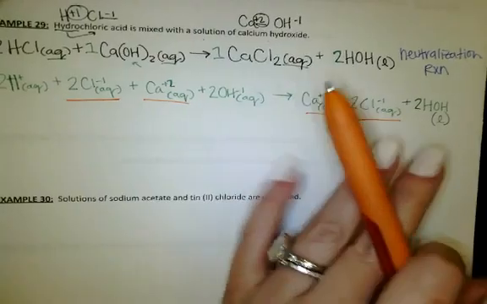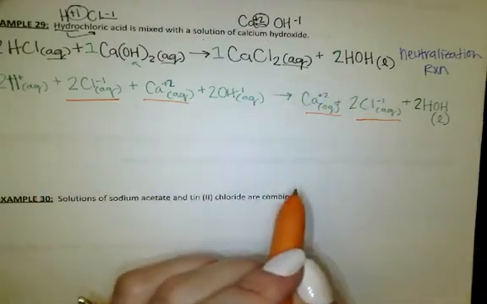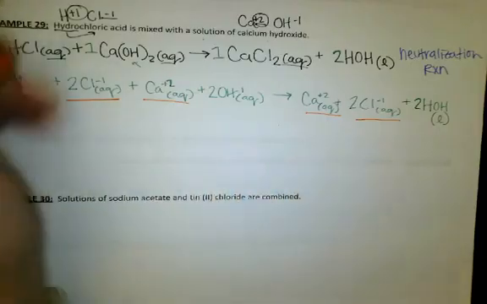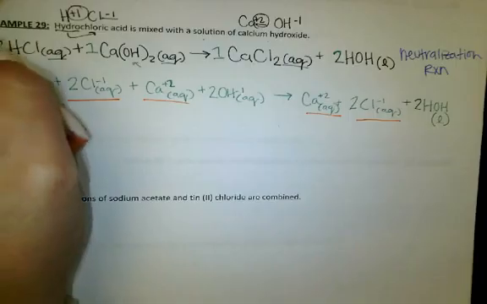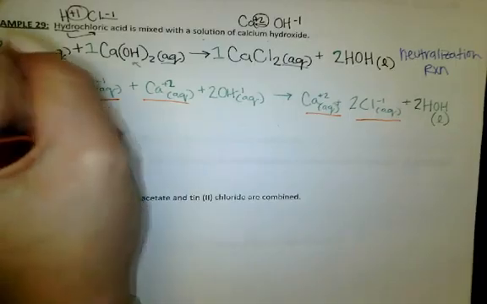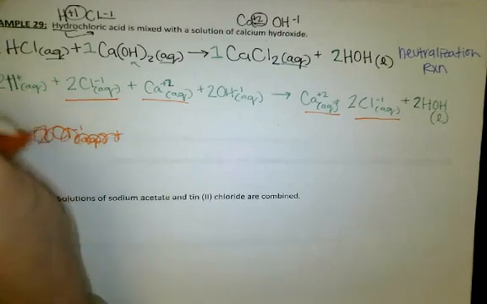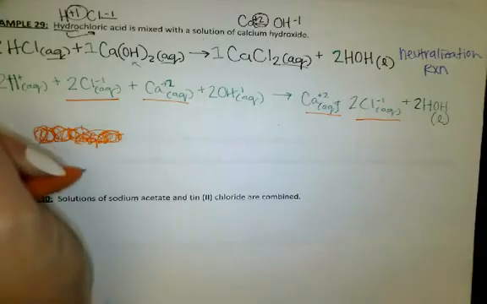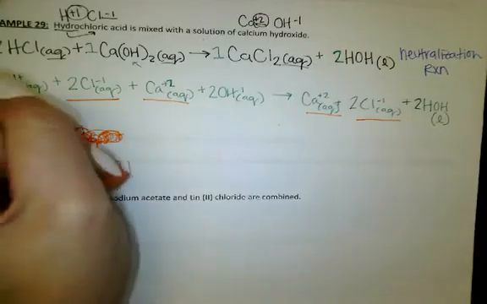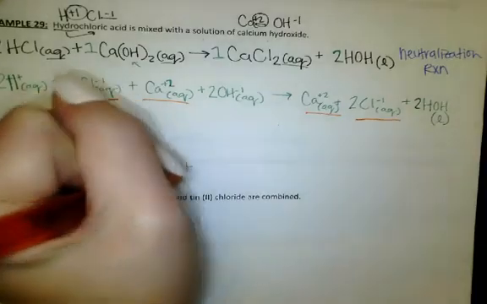Okay, so it's going to be 2 chloride ions. No, wow, it's been a day. That's the spectator, duh. Okay. So we got 2 hydrogen ions plus 2 hydroxide ions yields 2 waters.